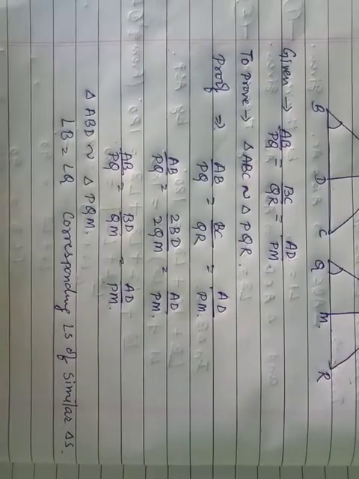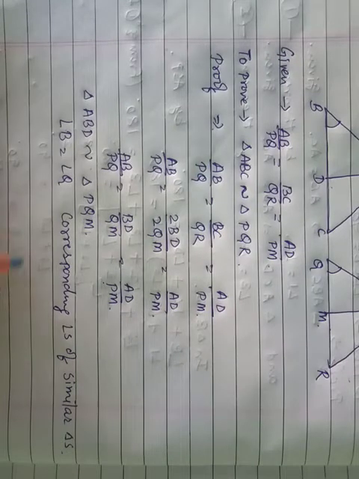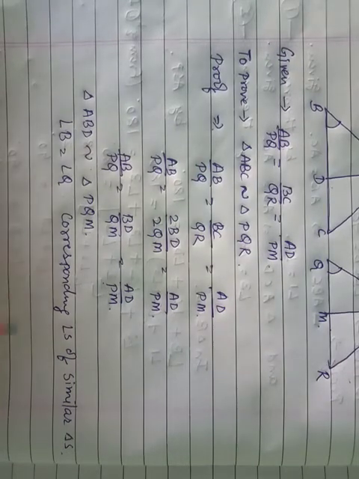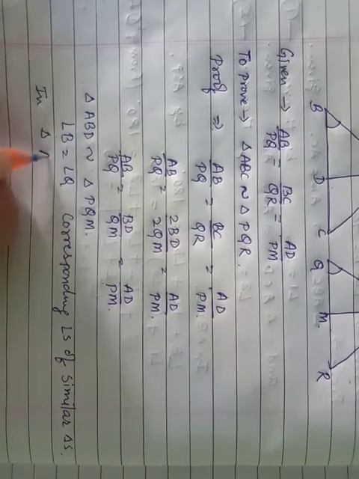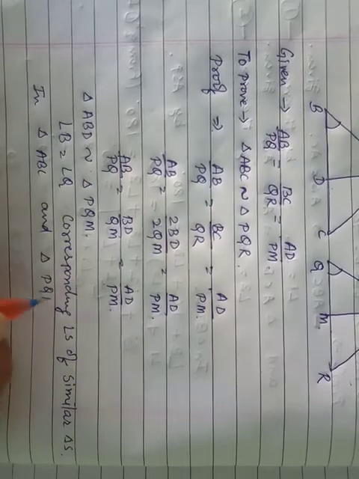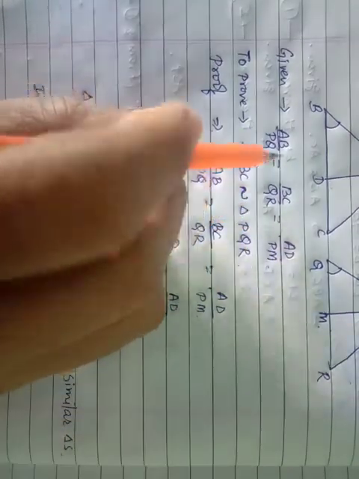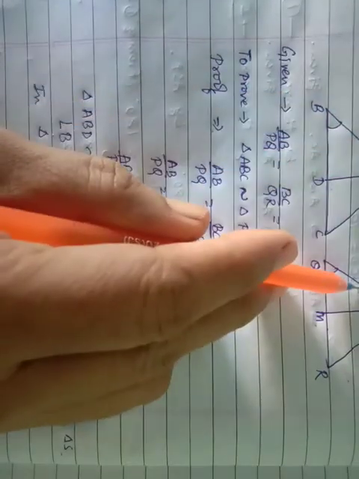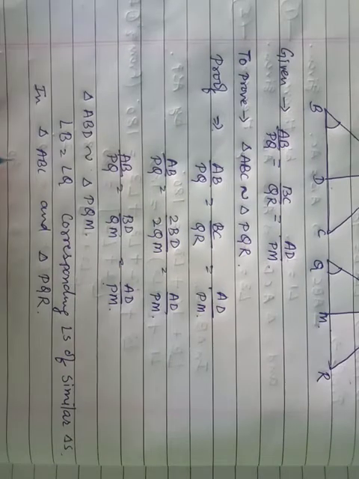Okay. So this will help us to prove that triangle ABC is similar to triangle PQR. How? Now let us take triangle ABC and triangle PQR. Two things are given to us, that this side and this side ratios are equal.